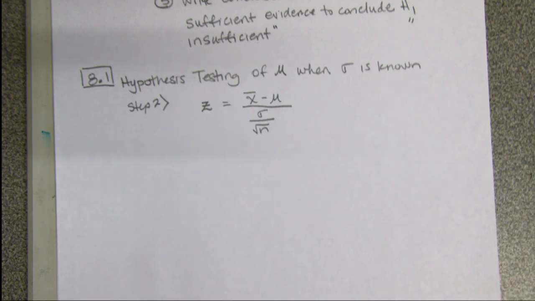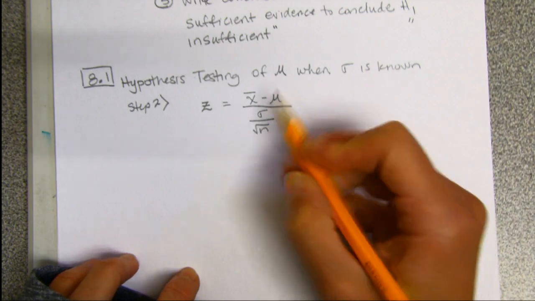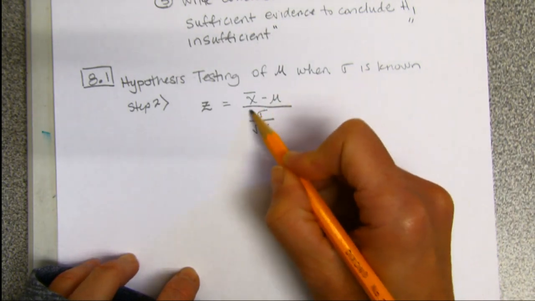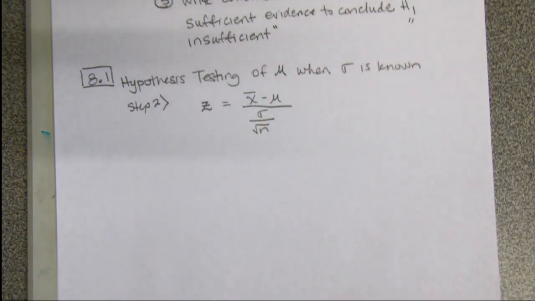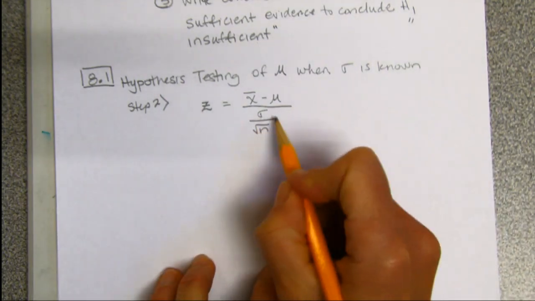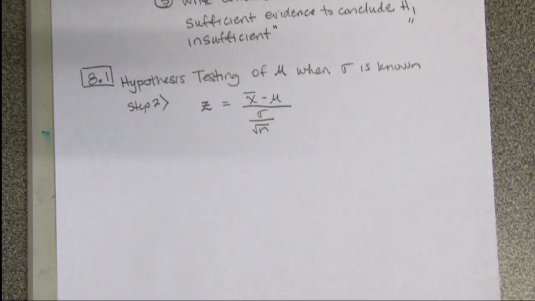Some of them have just the square root down here, and some of them have a square root over the entire denominator. So you have to be careful to not only have the right formula, but know where the square roots go in them, and to be able to enter them into your calculator appropriately. But this is going to be a z-score because sigma is known.